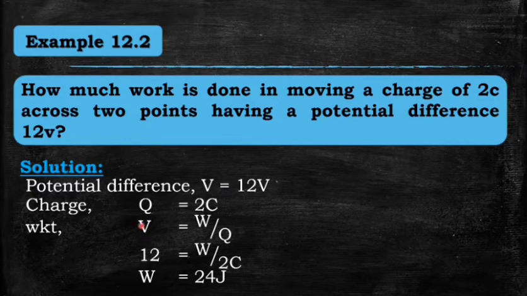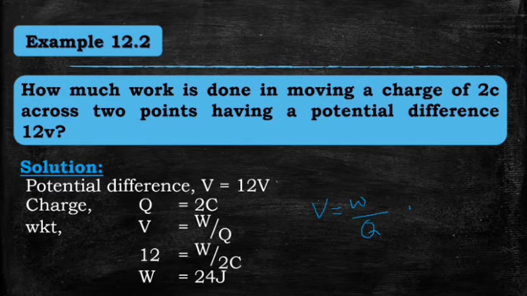We have the formula V is equal to work done over charge Q. So 12 volt is equal to W, which we must find, over the charge Q, which is 2 coulomb. V is equal to W over Q. What we have to find is the work done, that is W.